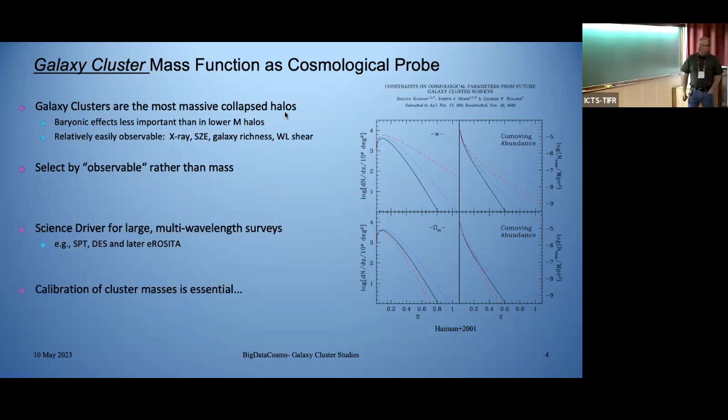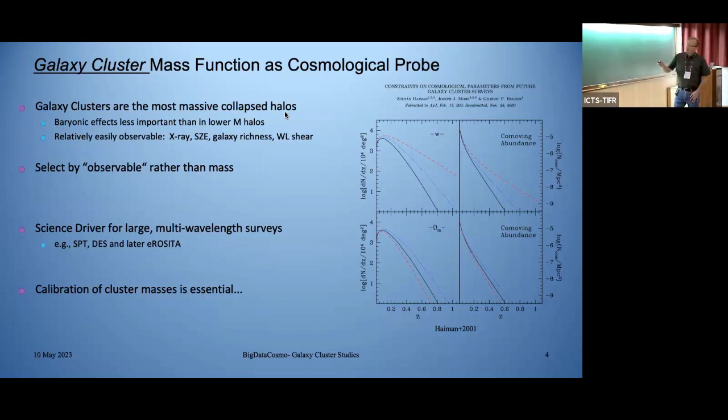Okay, so galaxy cluster mass functions can be used as cosmological probes. Shortly after the supernova discovery of the cosmic acceleration, Zoltan Haiman, Gil Holder, and I put together an argument that we could use the cluster halo mass function, or the cluster observable mass function, to understand w.